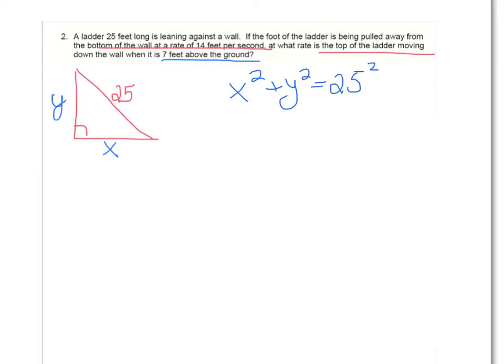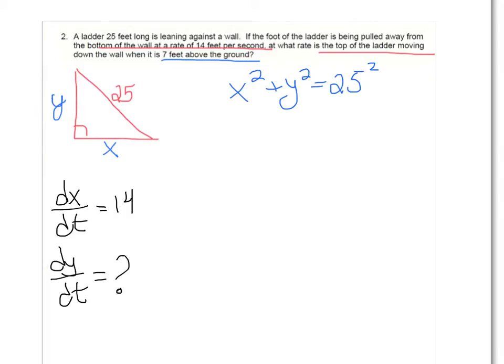So now, what other information are we given? The bottom of the ladder is being pulled away at a rate of 14 feet. So that's dx/dt is 14 feet per second. We want the rate that the top is moving down. So dy/dt, that rate is what we're going to solve for.